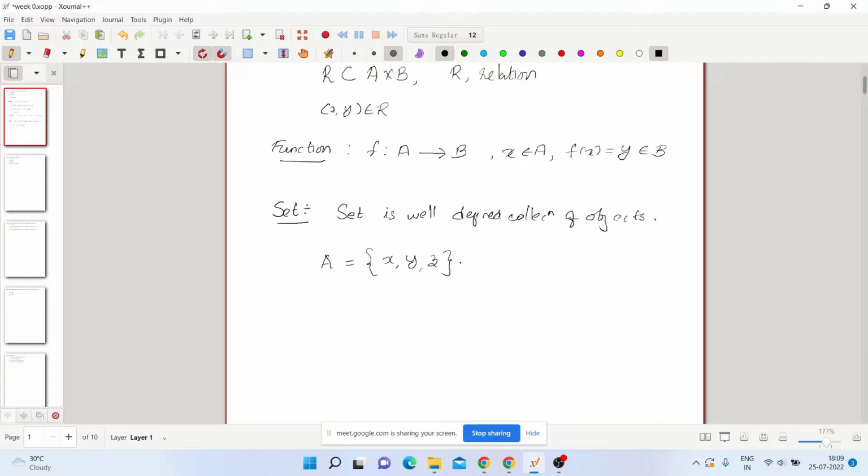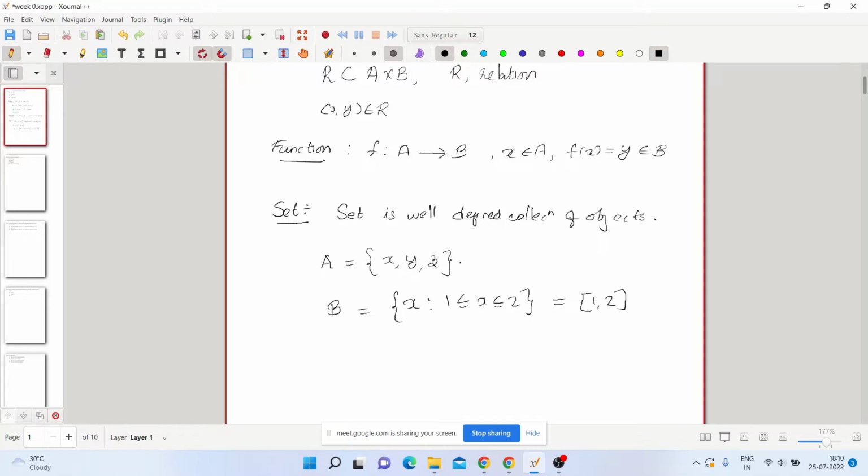This is an explicit definition of a set. Otherwise, we can define B. B is another set of all x such that 1 less than or equal to x less than or equal to 2. It is the same as the closed interval [1, 2]. Here we are not listing all the elements of the set, but we are defining how the set is defined.